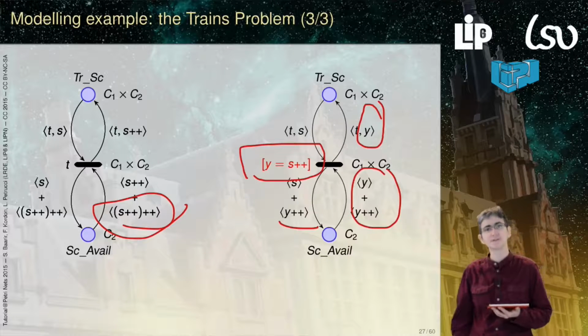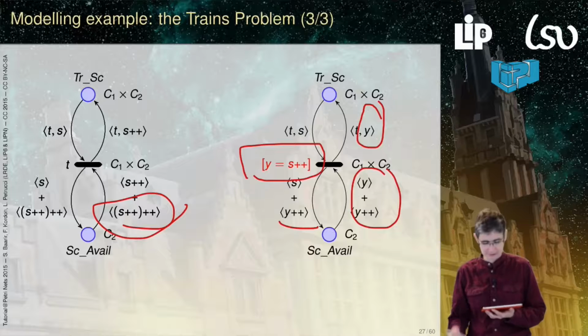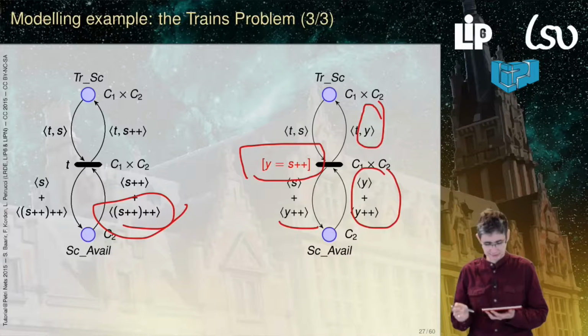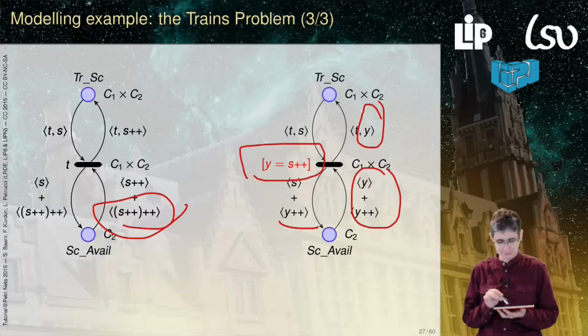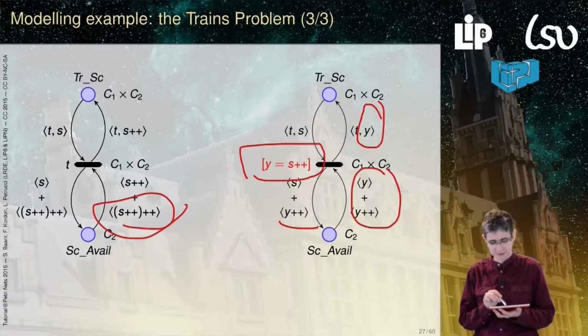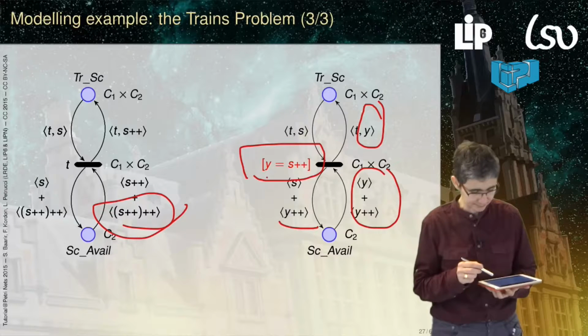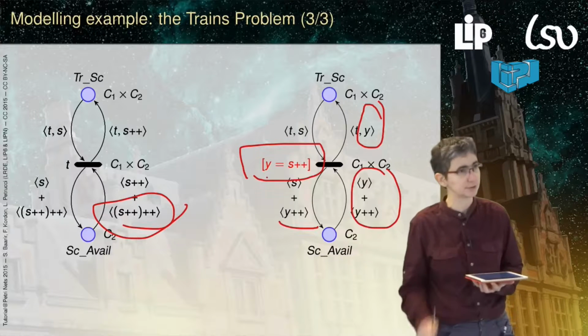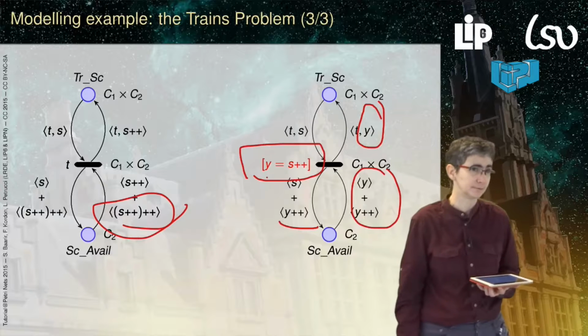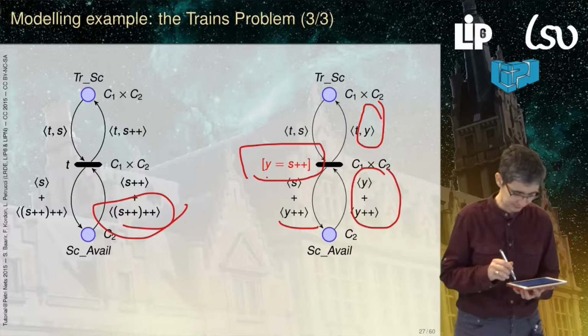Right. So that is another possibility. I take a train T on the section S, and then I will have to check for the transition that y equals S++, and I will take the sections y and y++ to verify they are available, and the rest is similar.